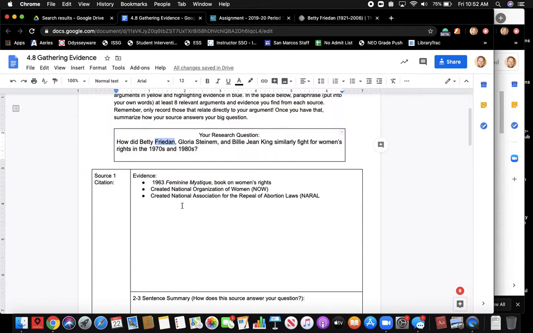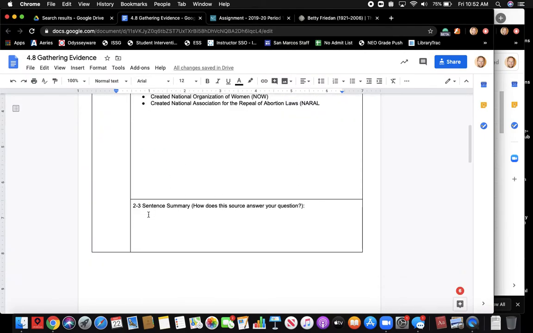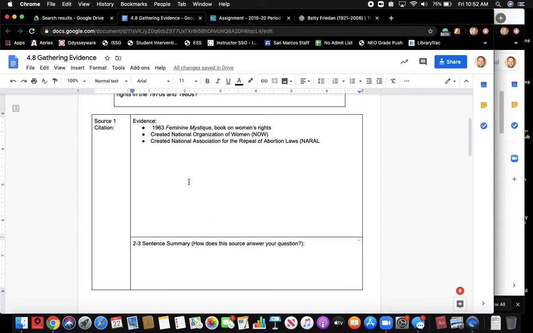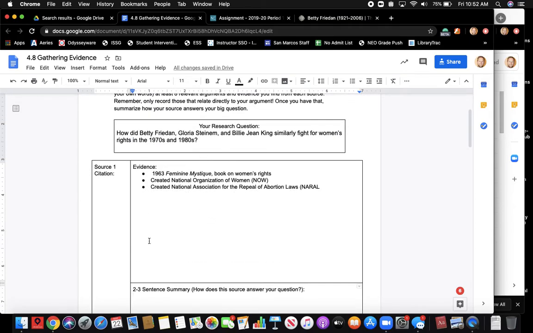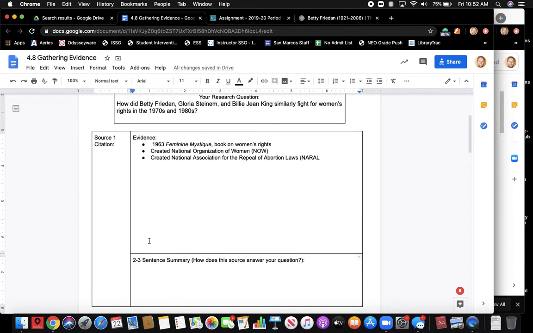Once you've gathered your facts, you then want to just give me a 2 to 3 sentence summary of how those facts show an answer to the question. So I always like to use the question as a sentence frame.